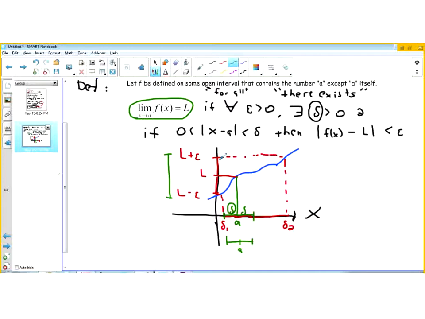There's a nice illustration in the book, and let me go ahead and show that to you. So next page.